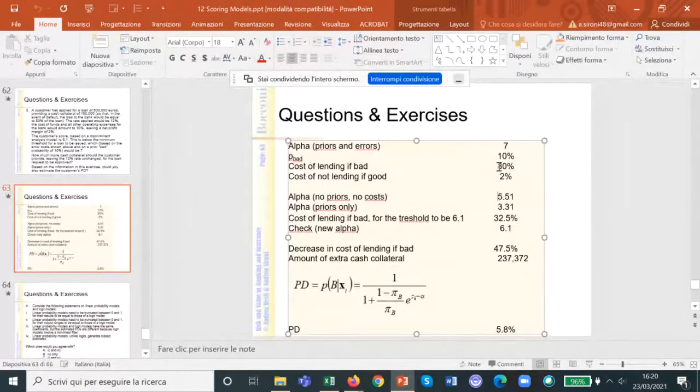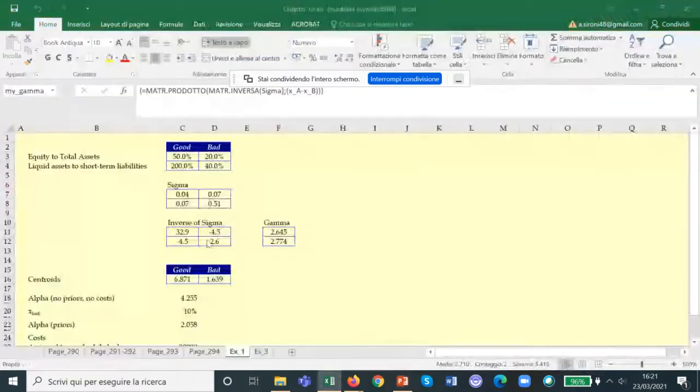Now, first of all, you can compute what would be the threshold without priors, without costs, okay? In order to do so, you have to do the opposite, i.e. you start from 7, and you deduct the natural log of the ratio between the probabilities and the natural log of the ratio between the cost of error. This is done here in the Excel file.